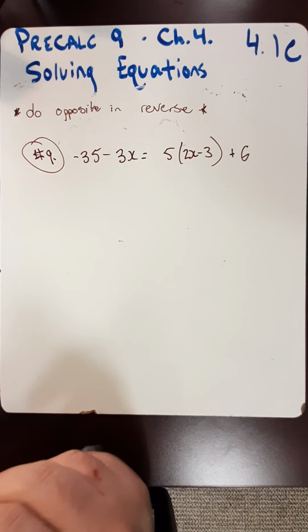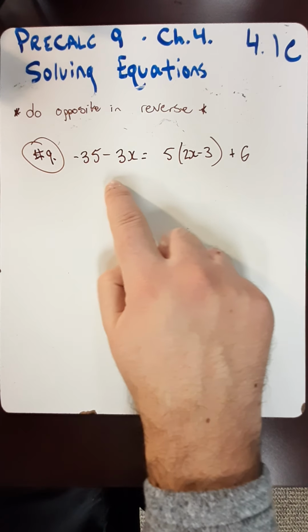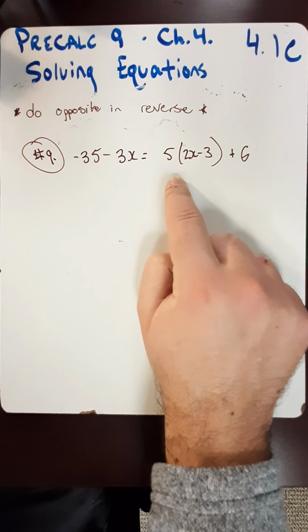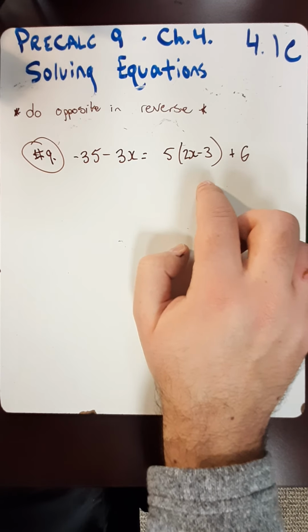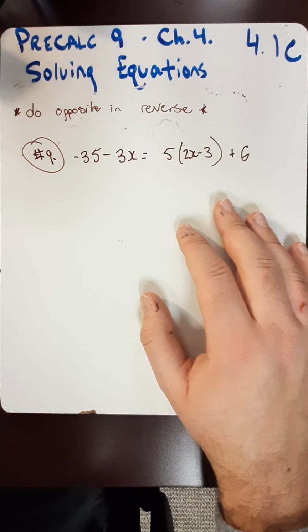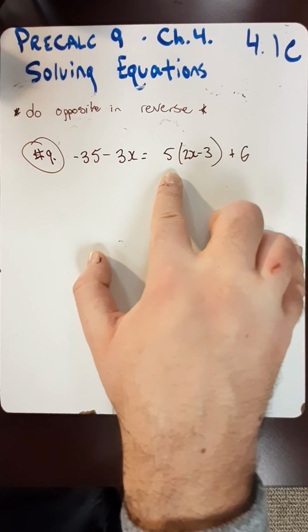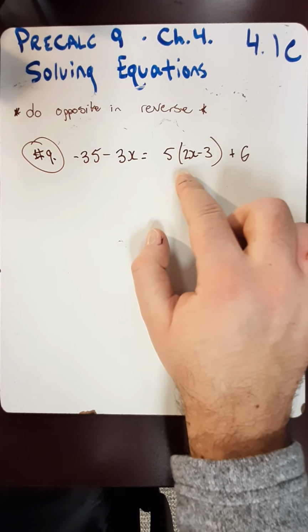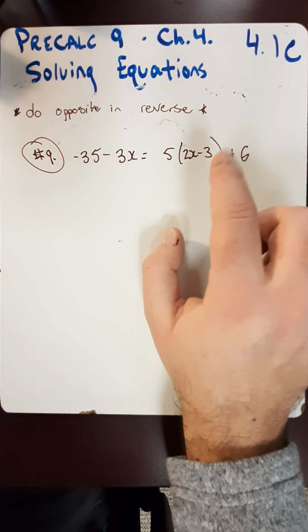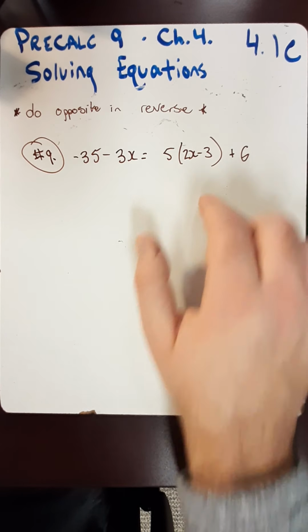The other thing I notice here is we have 5 times (2x - 3). So before we solve, it's going to be important that we expand this 5 times (2x - 3).